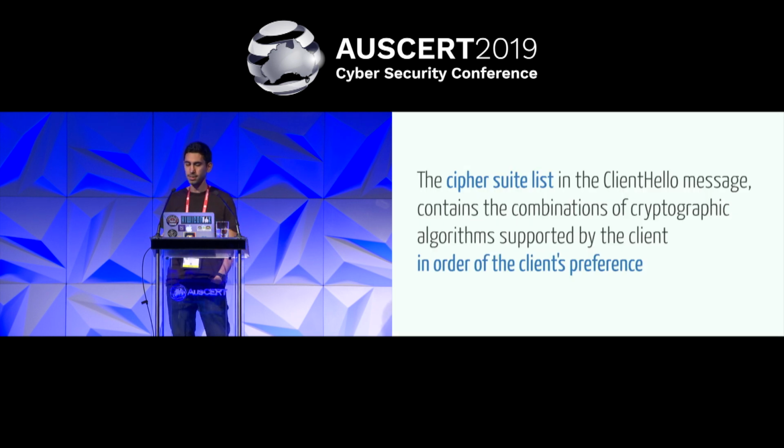So the thing is, the cipher suite list we have in the client hello message is actually in order of the client's preference. So each client application may have different preferences, and the different combination of these with supported extensions, compression algorithm, and other parameters in the client hello can help us have some kind of fingerprints.